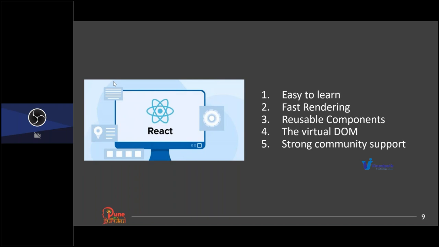And then React offers something which is called virtual DOM. We will discuss a little bit more on virtual DOM, but for now, just remember that because of this virtual DOM, your applications are becoming responsive and fast. Then there is strong community support, because a lot of developers are adopting this.